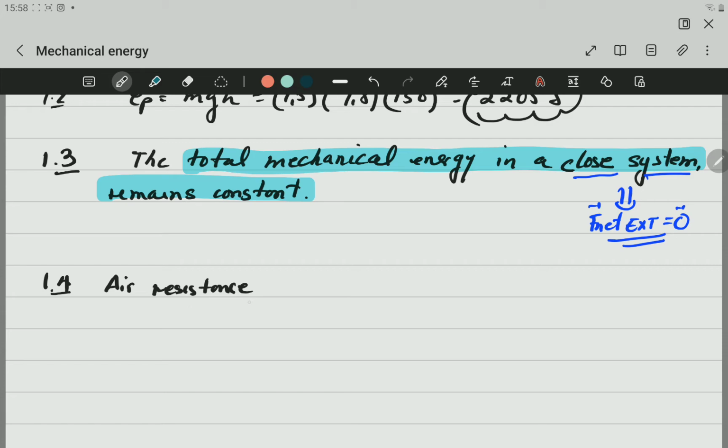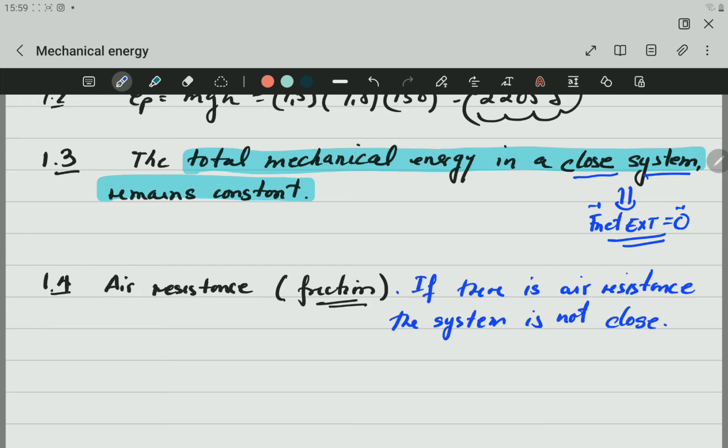So I'm going to write air resistance, and in brackets I'm going to write friction. So that is what must be ignored. Why? Because the system must be closed. If there is friction, then the system is open. You can write it if you want: if there is air resistance, the system is not closed.